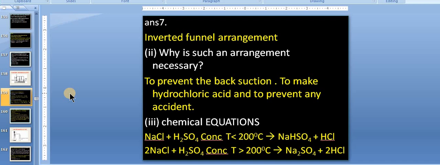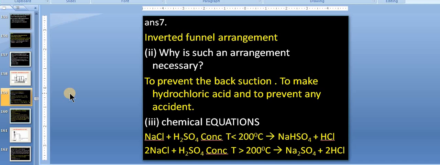Next is reactions. Please do remember, if temperature is less than 200, then NaHSO4 is formed, and if temperature is greater than 200, then Na2SO4 is formed. Earlier someone was asking for examples of acid salt, normal salt, complex salt. Here you can see NaHSO4, that is an acid salt.